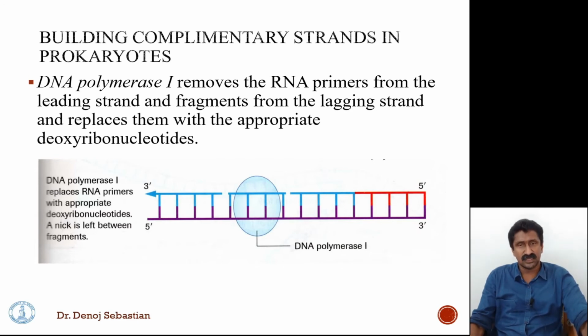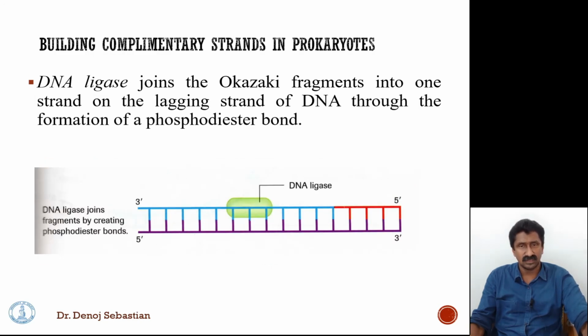Now the ligase enzyme joins the Okazaki fragments; this nick or cut is sealed by the ligase enzyme, and that is the role of the ligase. So this is the mechanism of the DNA ligase reaction.